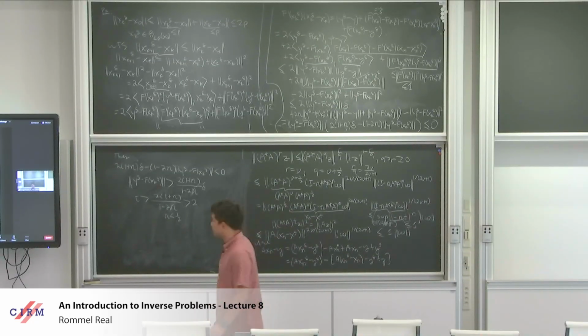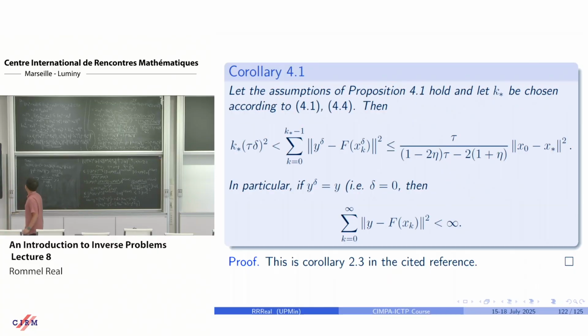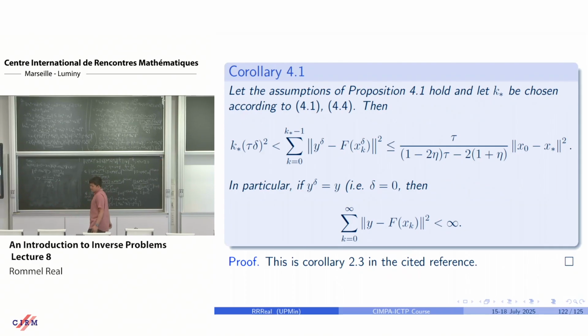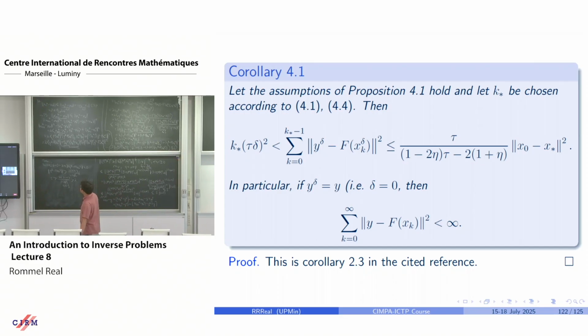And then, with that, we can proceed with the other result, which tells us that the discrepancy principle for the nonlinear Landweber iteration is well defined. So, if we let the assumptions of proposition 4.1 hold, and we let k star be chosen according to the discrepancy principle with this tau over here.